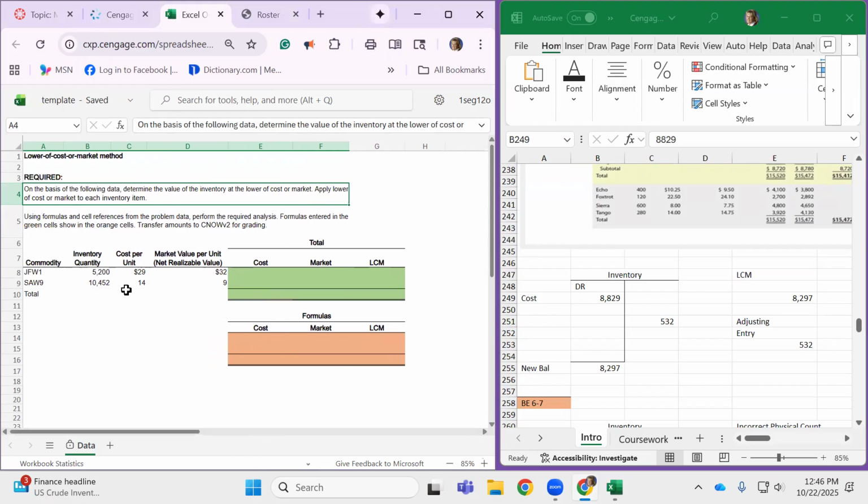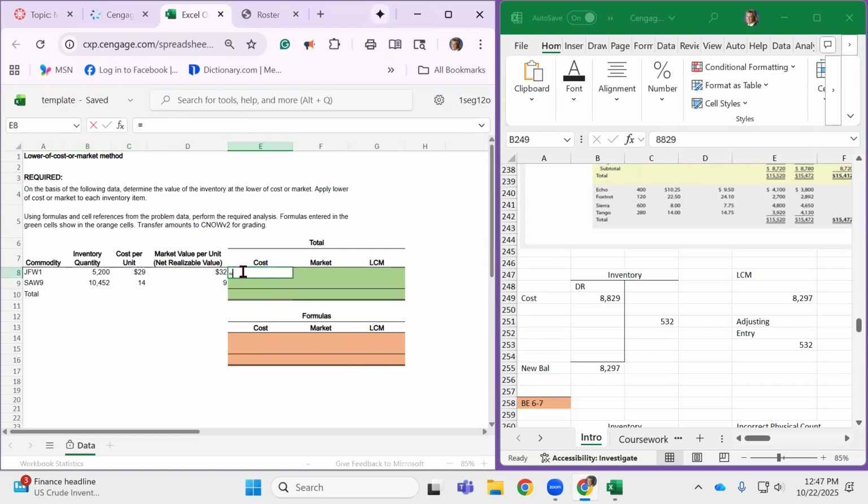Your first item, we've got 5,200 in inventory, right? So equals the cost. It's 5,200 times $29. Okay. The market for that item is 5,200 items times the value in the market.